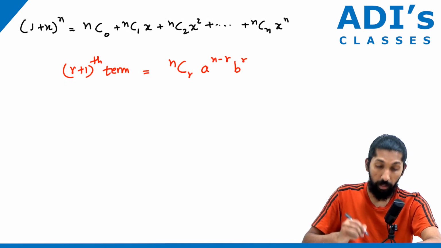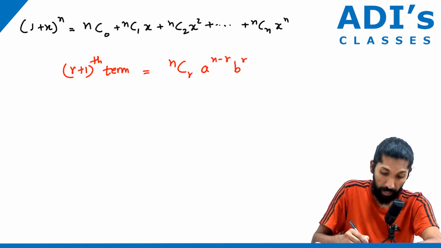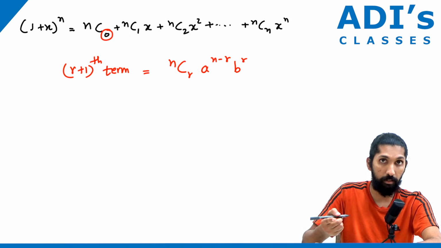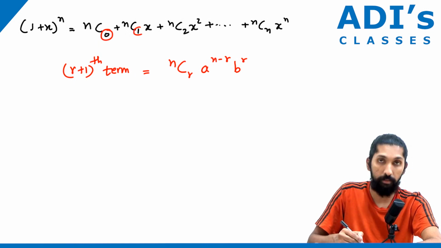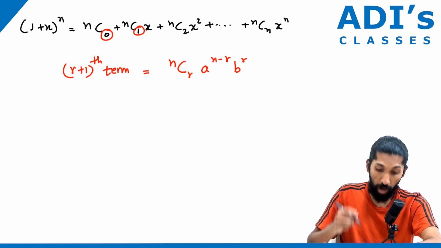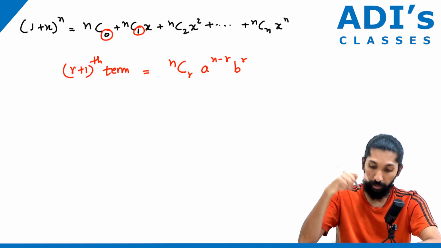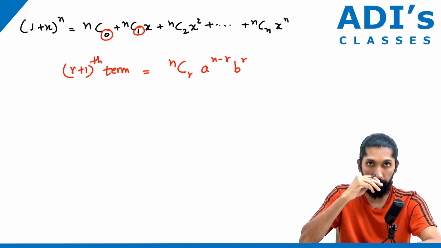Because think about it, the first term is nc0, the second term is nc1. So the r plus 1th term becomes ncr a power n minus r into b power r.